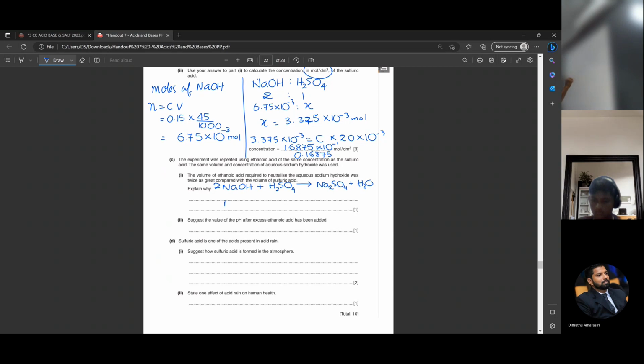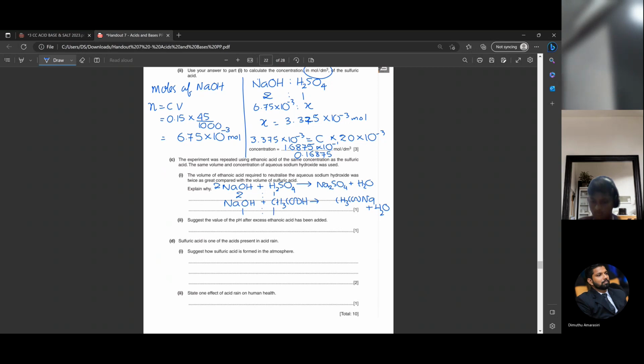But when sodium hydroxide reacts with ethanoic acid, the stoichiometry is 1:1, forming sodium ethanoate. So this is 2:1, and this is 1:1.